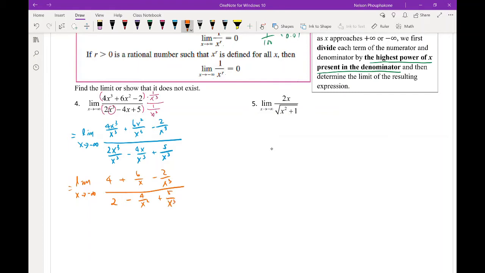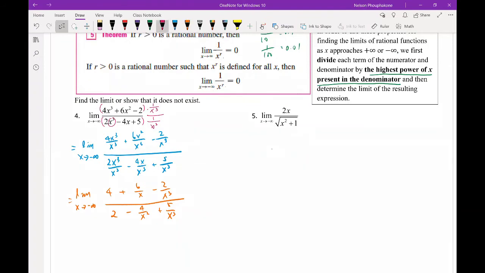Then we are going to take the limit of each term. You will see that this goes to 0, this goes to 0, this goes to 0, this goes to 0.